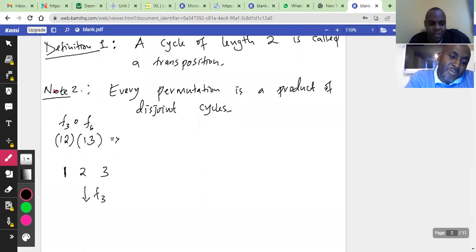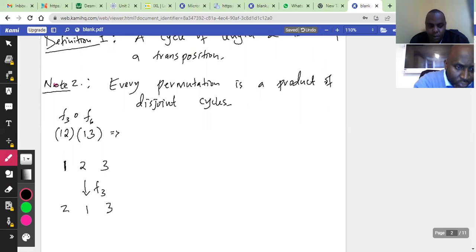So 1 will go to? On F3, 1 will go to 2. And 2 goes to 1. And 3 goes to 3.